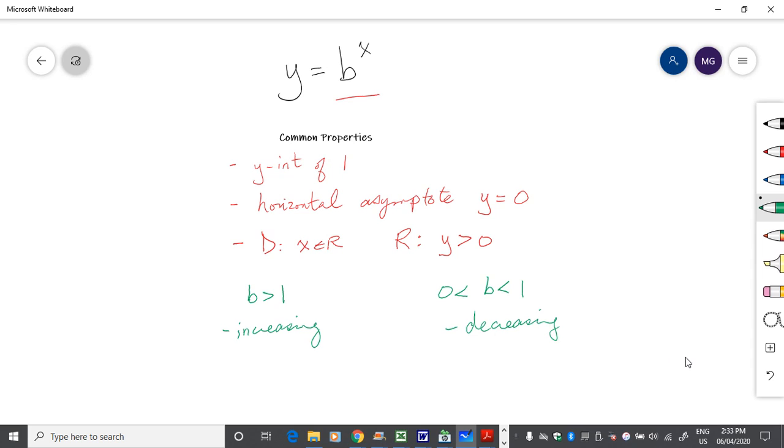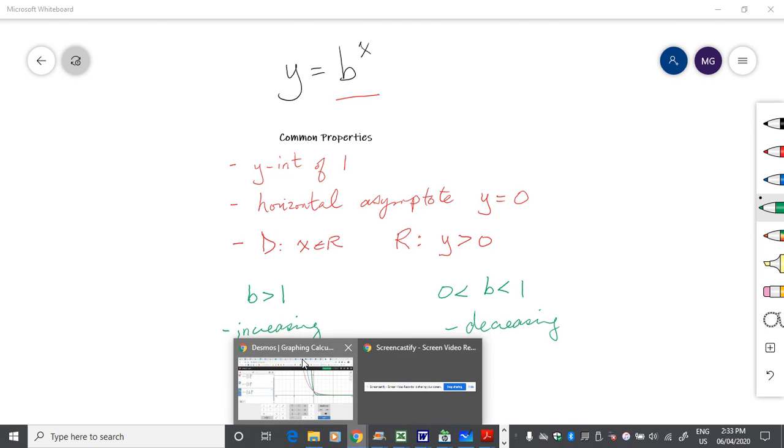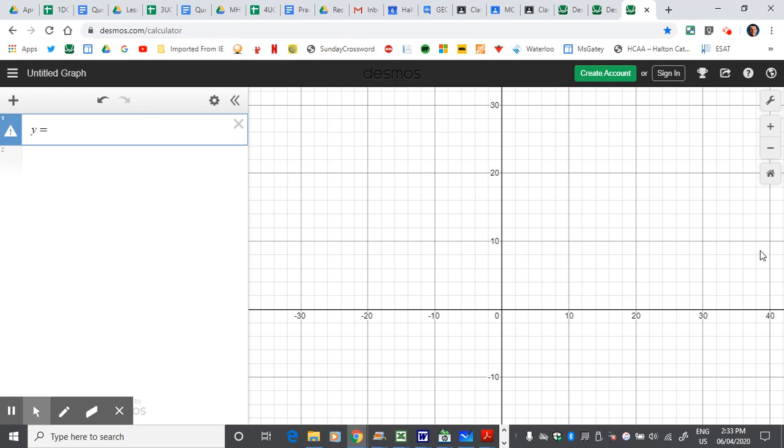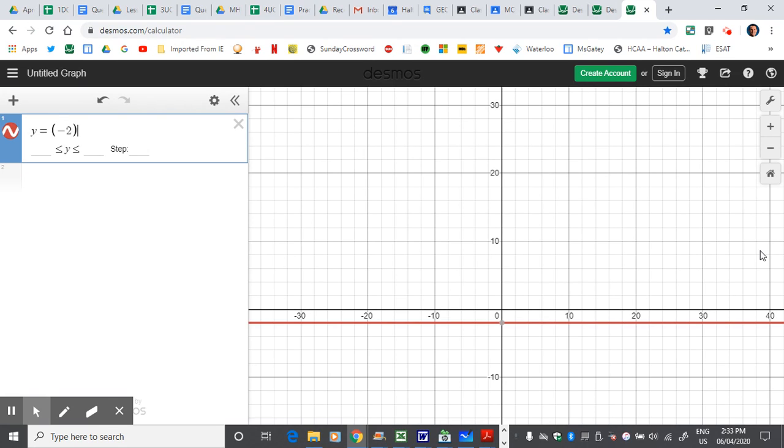Now what I'd like to do is jump in and look at a third type of function, because you'll notice that I use the term positive with regards to base twice. The base of my exponential has to be positive. As we jump in, I want to examine what happens if we make the base -2 as opposed to +2.